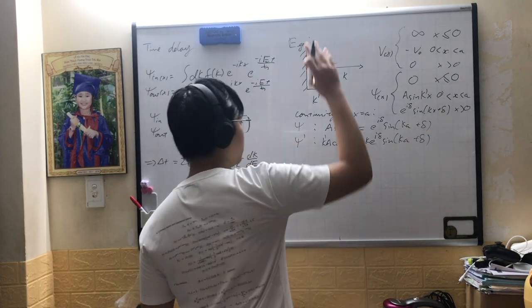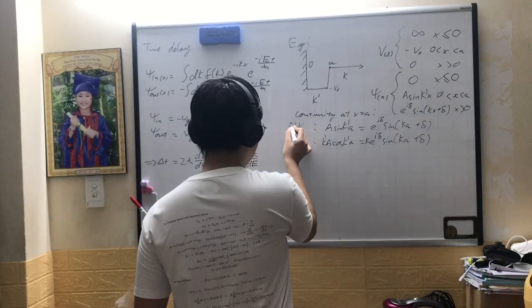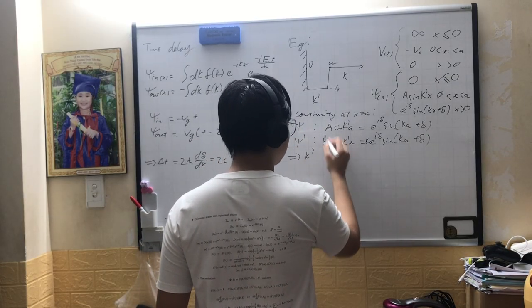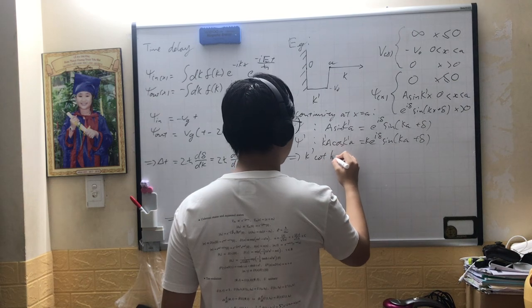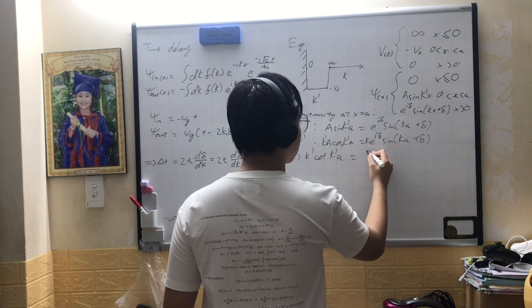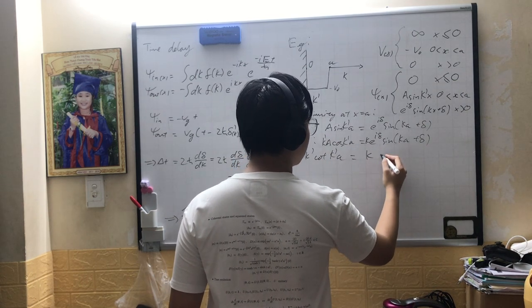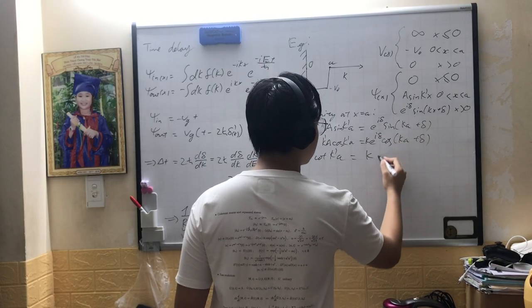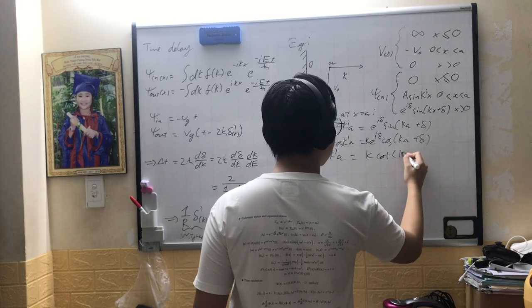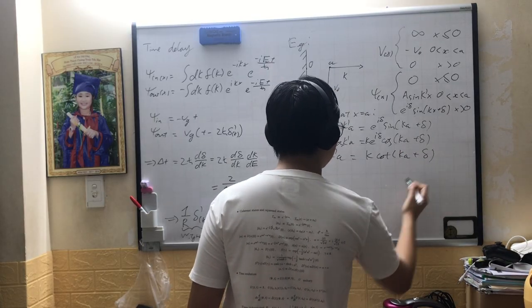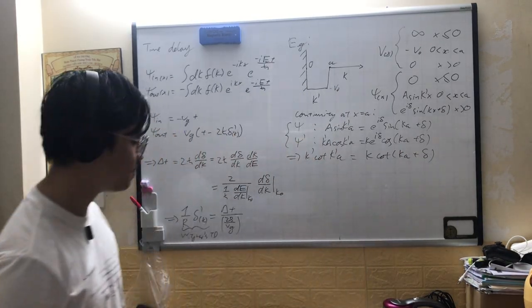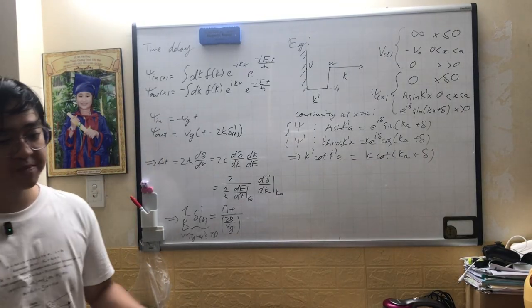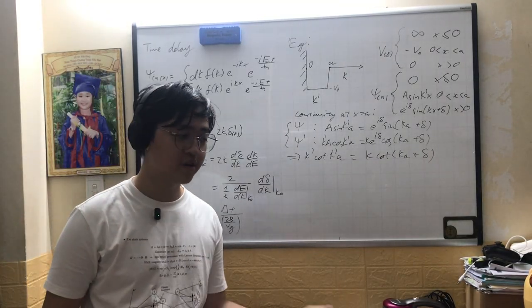Now you divide to get a cotangent. That term is gone. Cotangent of k'a is k times cotangent of (ka + δ).